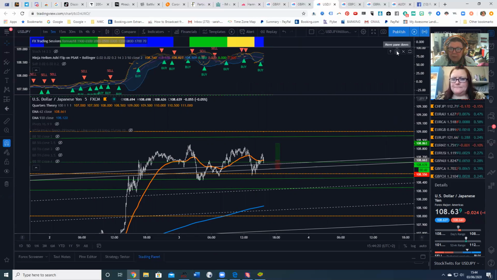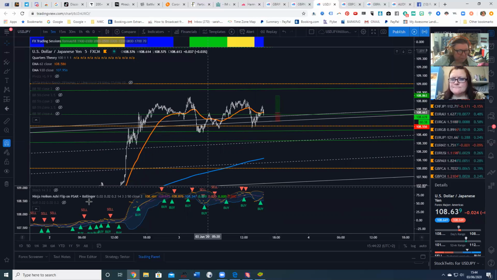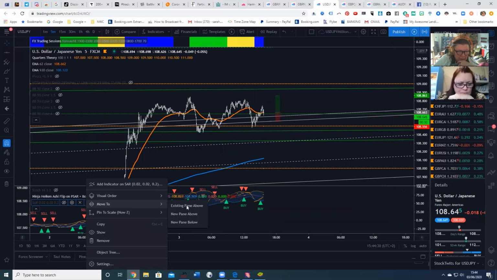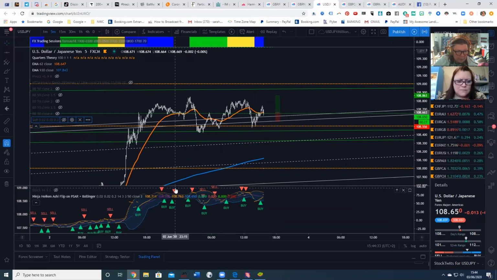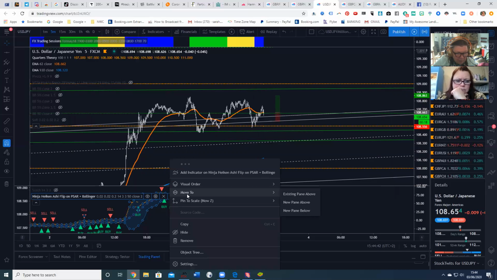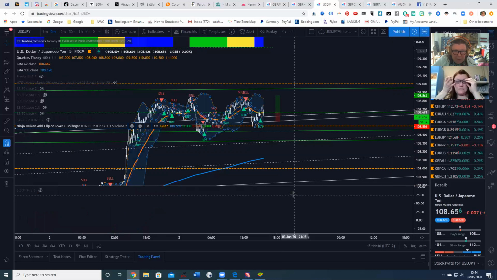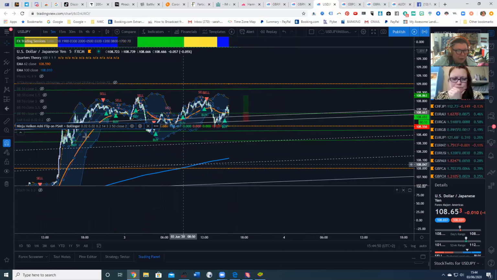Move pane down. I'm not sure why I'm not getting it on that particular window. More. Move to existing pane above. Try again. Move to existing pane above. There we are. So that's put.